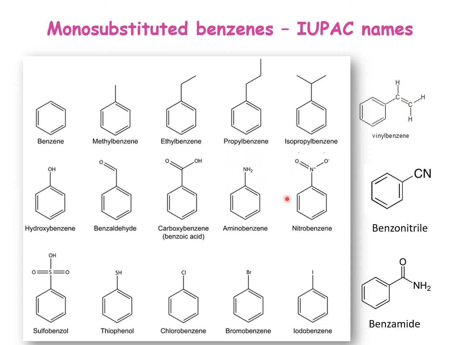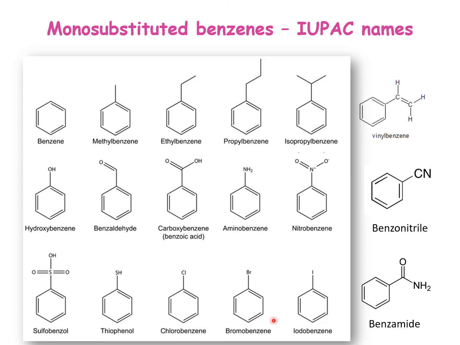Substitution of an amino group, aminobenzene, nitrobenzene, sulfobenzol, because here we have sulfonyl as well as hydroxyl group, thiophenol. Now thiophenol has been derived because SH is replacing OH over here. Oxygen is replaced by sulfur, so it is thiophenol.